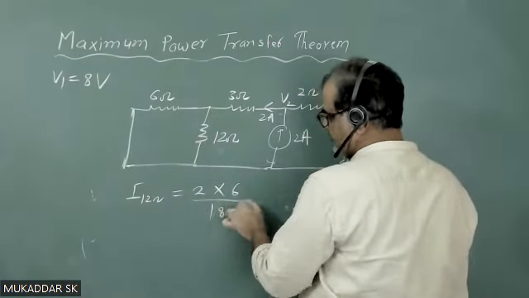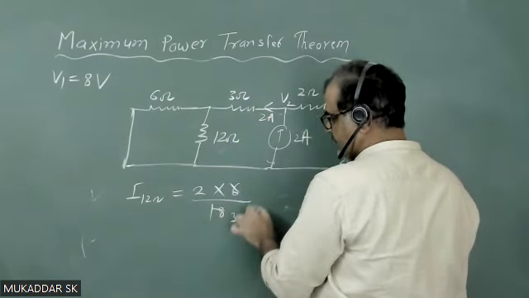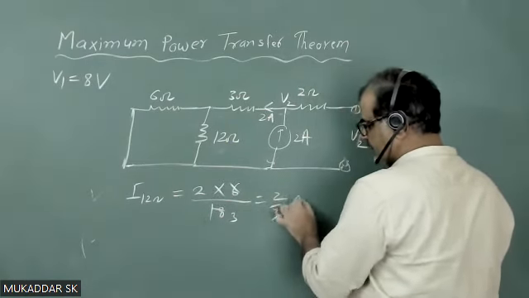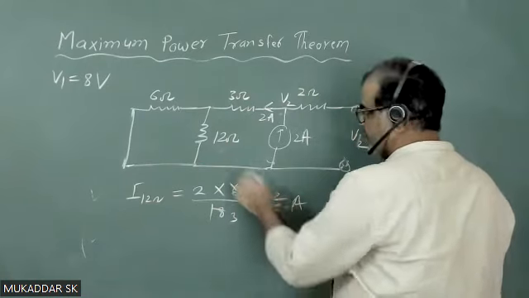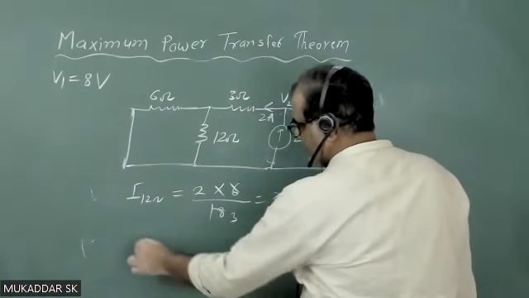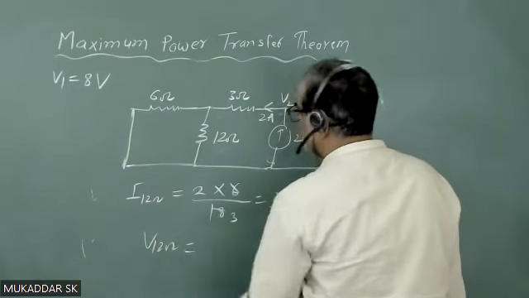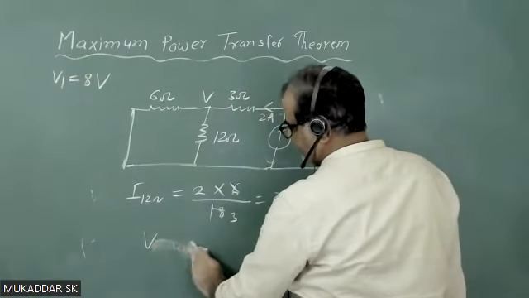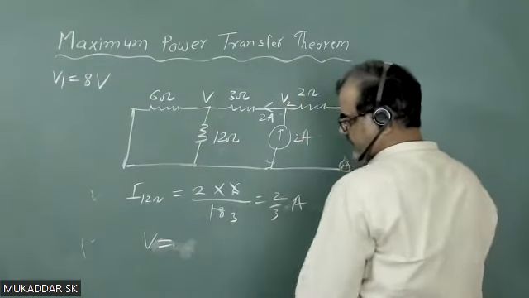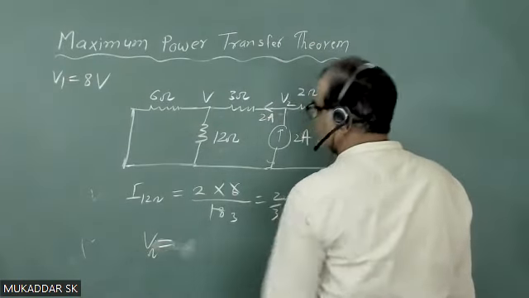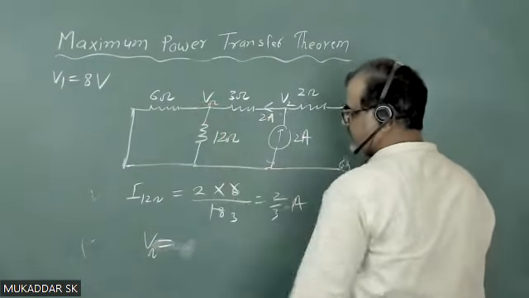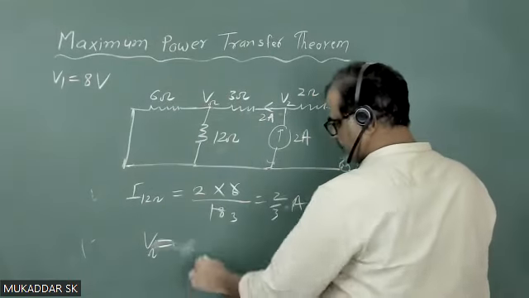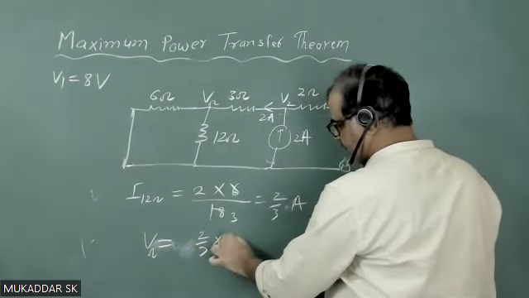This comes out to 1 by 3 of 2, which is 2 by 3 ampere. The voltage across this 12 ohm will be 2 by 3 into 12.